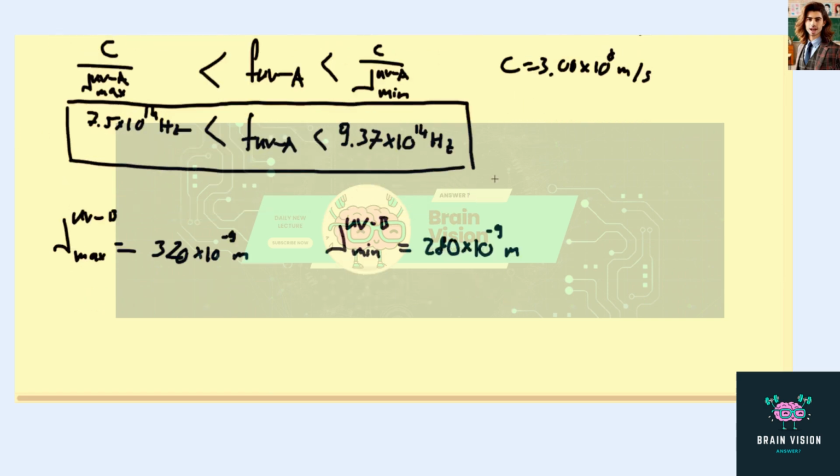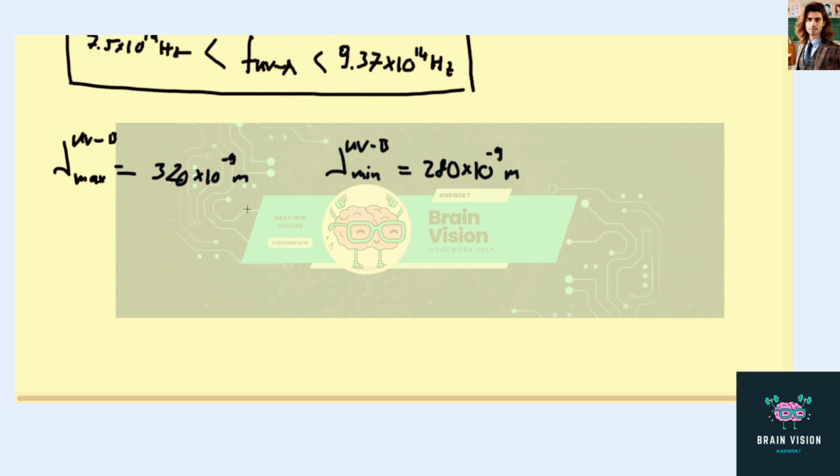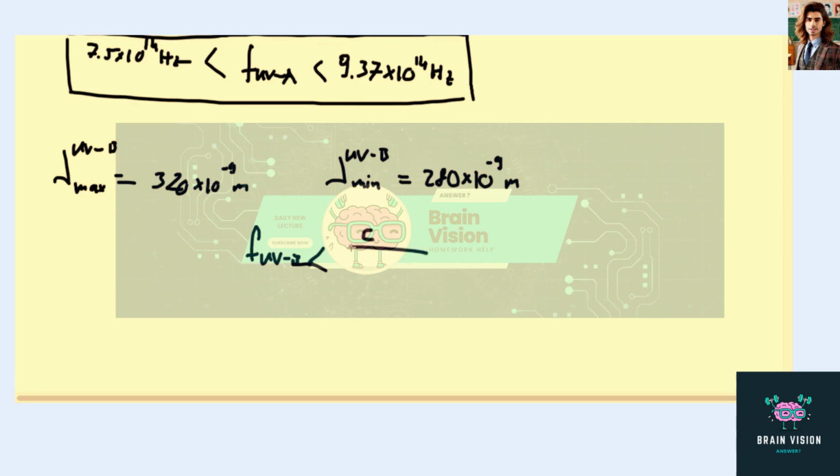And now you're asked to do the same for UVB. Again, you just put in the values here for UVB. So this is going to be less than c over λ UVB min, and greater than c divided by λ UVB max.